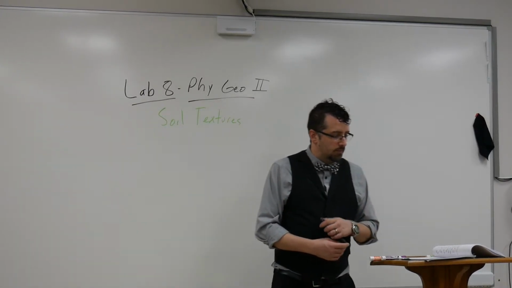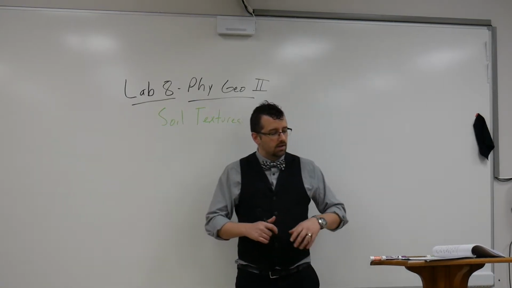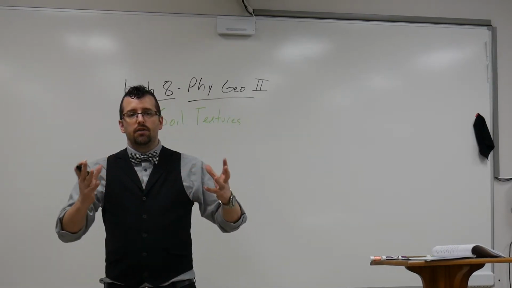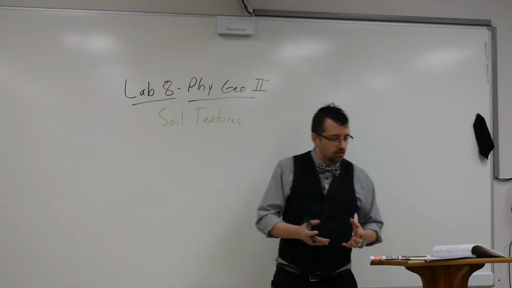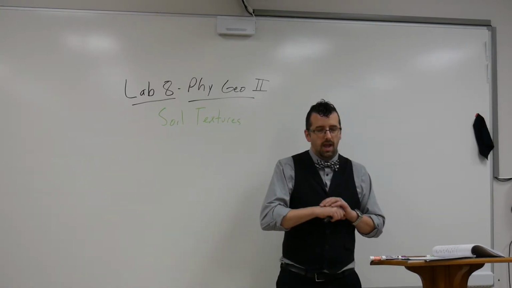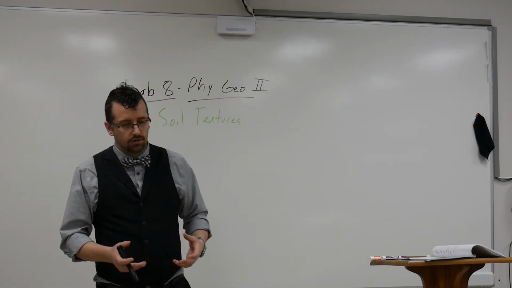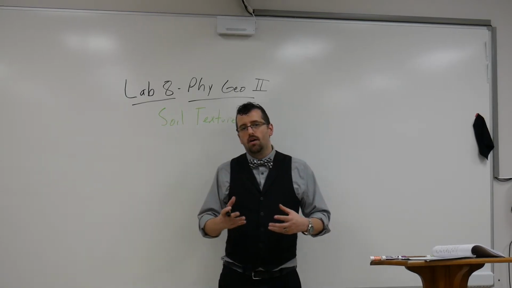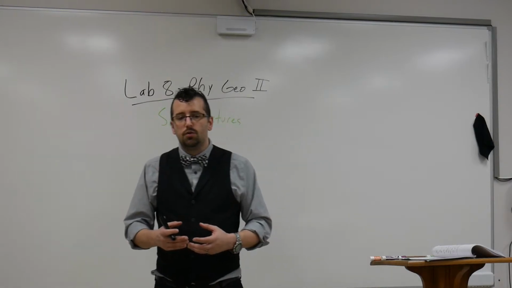Regolith mantles the majority of the land surface of the Earth. So basically, what this means is this is the area of the Earth that is covered by this broken down rock, right? And occasionally it will expose bare bedrock. This will occasionally happen. Okay, so the process of breaking down these rocks turns them into soils.